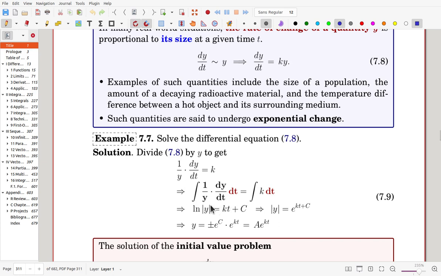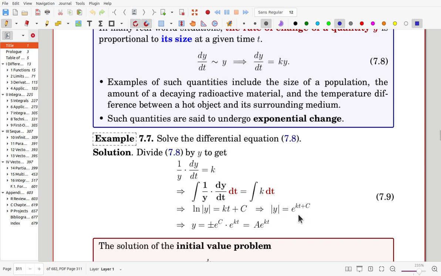Then for the left-hand side, we get the logarithm of the absolute value of y, and we consider this y as a function of t. And this is a constant, so there's kt plus c. After taking the exponential function, we reach that.